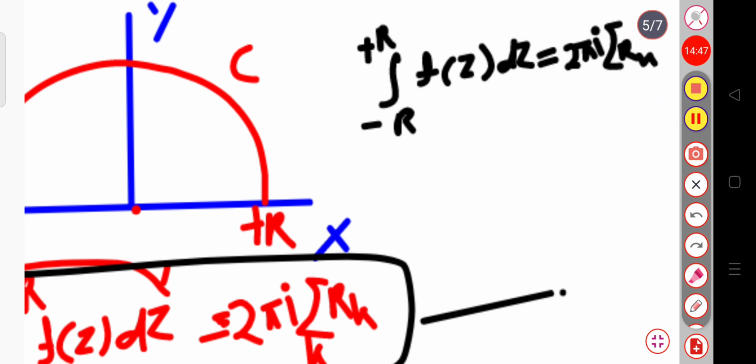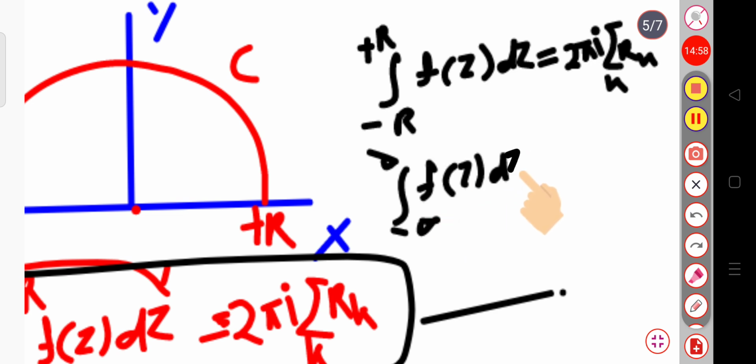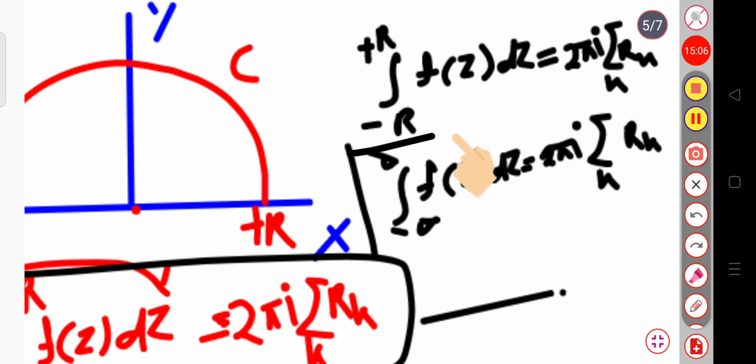Or if I put r as minus infinity to plus infinity, the integral from minus infinity to plus infinity of f of z dz will be equal to 2 pi i times the sum over residues. So this is our type 2.